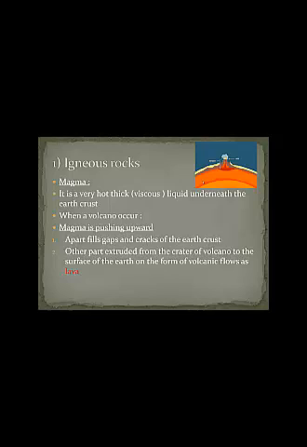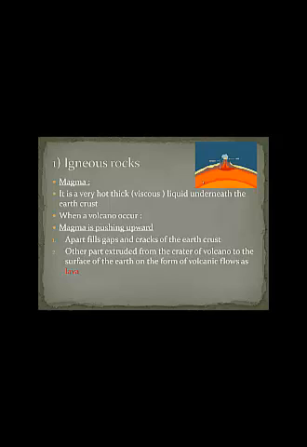A part of it fills gaps and cracks in the Earth's crust, and the other part is extruded from the crater of the volcano to the Earth's surface in the form of volcanic flows as lava.